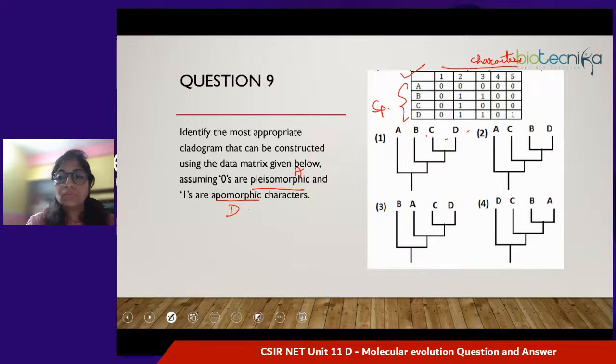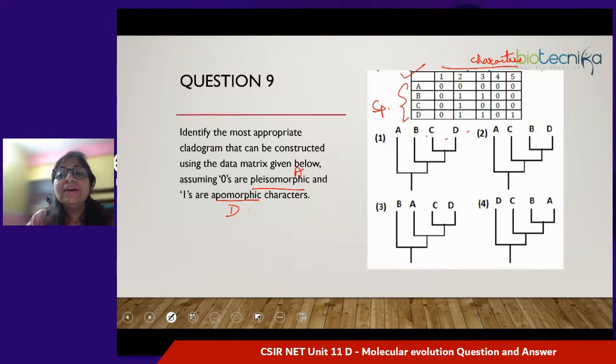So what did we talk about? We talked about the outgroup. Outgroup is the group that evolved first from the common ancestor. So it is the first branch that comes out in the tree from the root. And in the outgroup, what do we see?